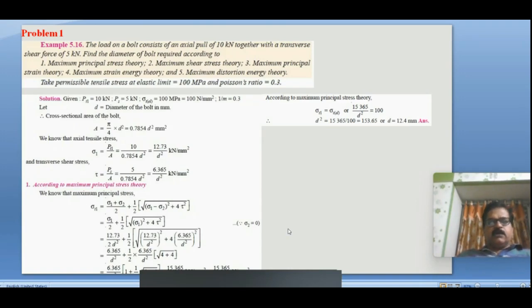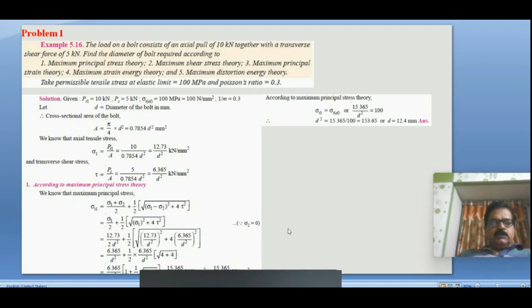So the bolt is subjected to both kinds, tension and shear force. We need to determine the diameter of the bolt according to all the theories. I'll take the permissible tensile stress as 100 MPa and Poisson's ratio 0.3.